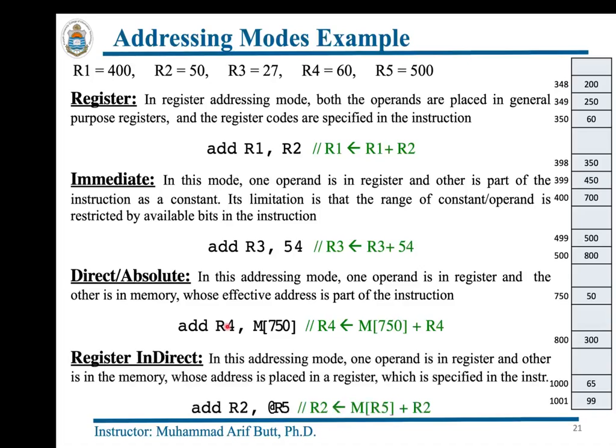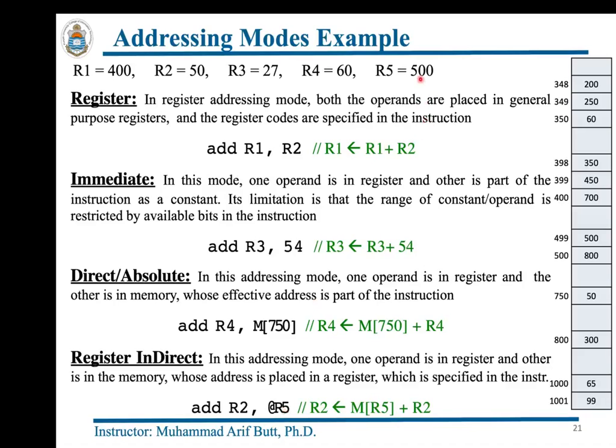The fourth addressing mode I'm going to touch upon is the register indirect, in which one operand is again inside a register and the other is in the memory, whose address is placed in a register which is specified in the instruction. So this add instruction will add the contents of register R2, which is 50, and the memory location whose address is in the register R5.